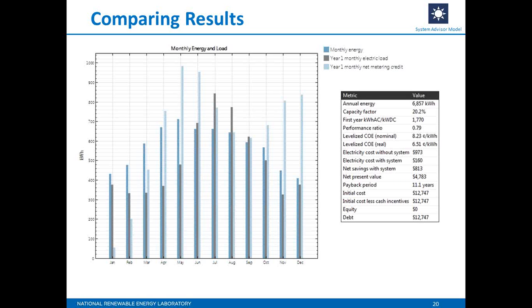The metrics table provides a few quick numbers that may help you determine whether you've sized your system as you want it or not, including the net savings that you'll get with your system, what your payback period will be, and the initial cost of your system. The graph compares on a monthly basis the energy that you're producing with your system to the electric load that you have input and the credit you'll be getting from your utility.